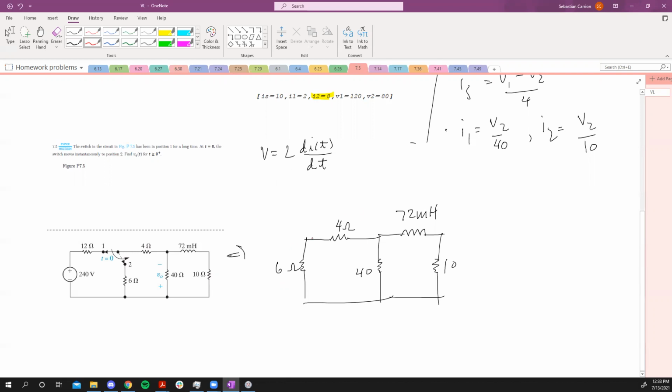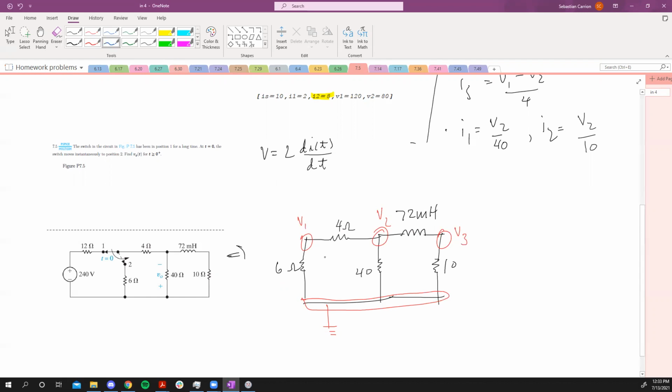Okay, so we can start formulating. I'm going to make this ground, call this V1, V2, V3.